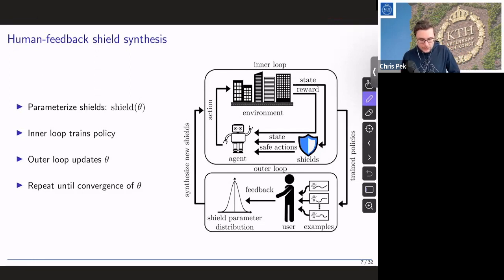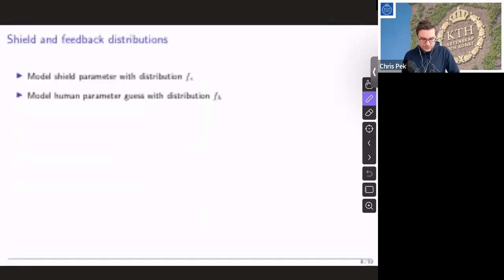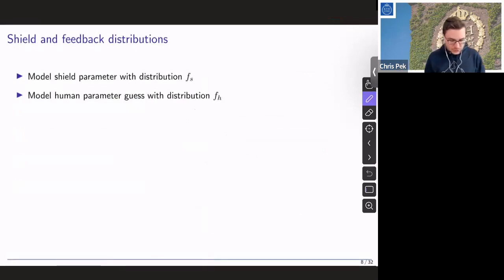So let's talk a bit more about how these shield parameter distributions work. What I would usually recommend for these kinds of cases is you model the shield parameter with one distribution. So you have one distribution that models your theta, and we have one distribution that models the human parameter guess, and this one is called FH.